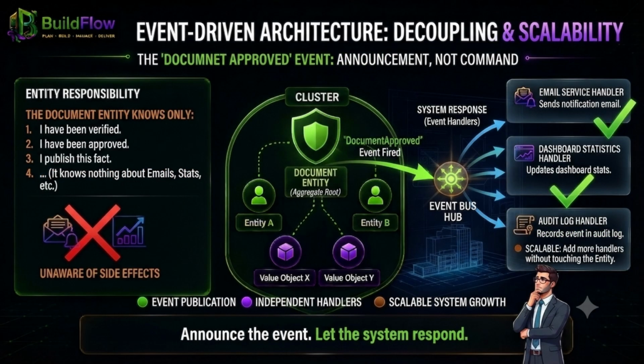The document entity knows nothing about services, email, or statistics. It simply announces to the system, I have been verified and approved, and the rest of the system responds to that. This makes the code incredibly flexible and highly scalable.